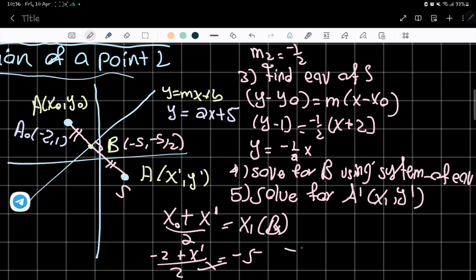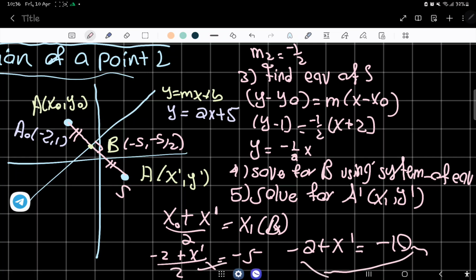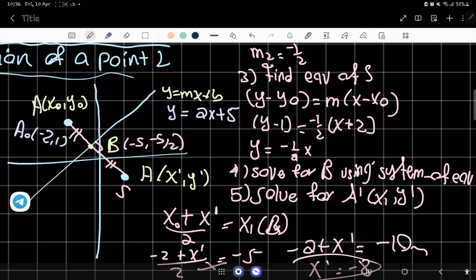So crisscross, minus 5 times 2 is minus 10. So it's going to be minus 2 plus x prime is equal to minus 10. So we're going to solve the linear equation. So x prime is equal to minus 8. So we've already found this one.